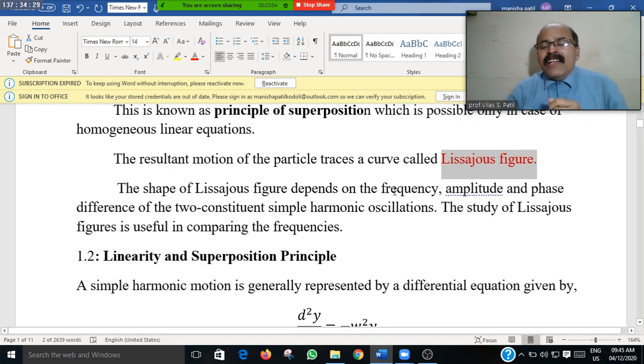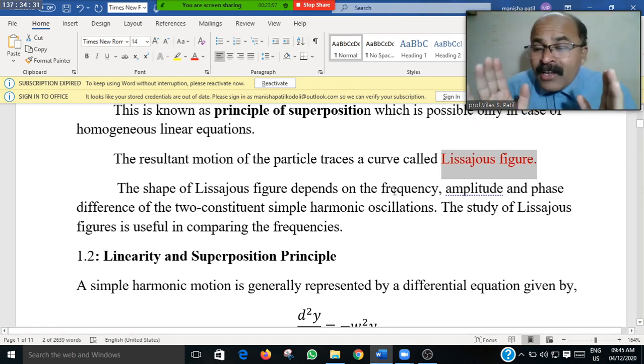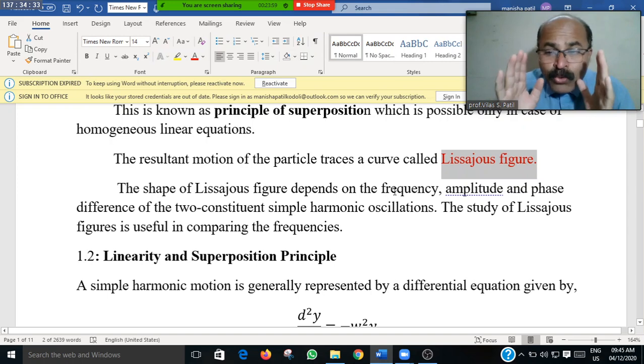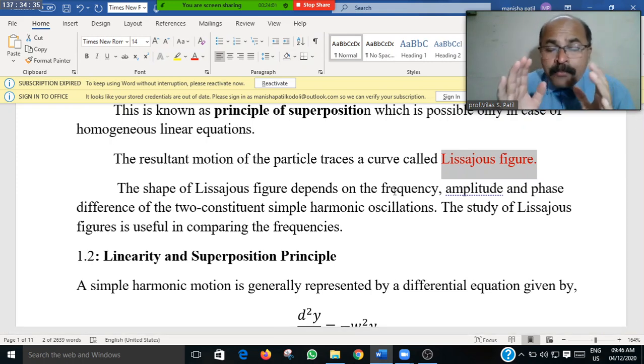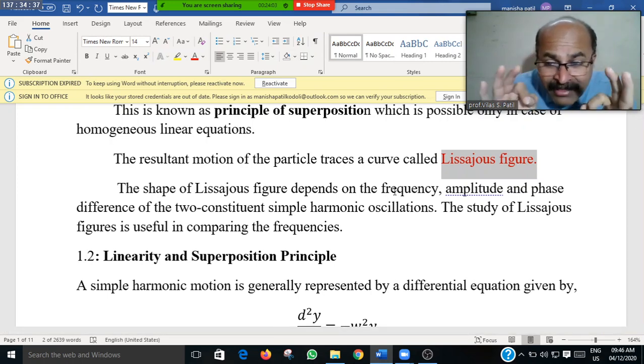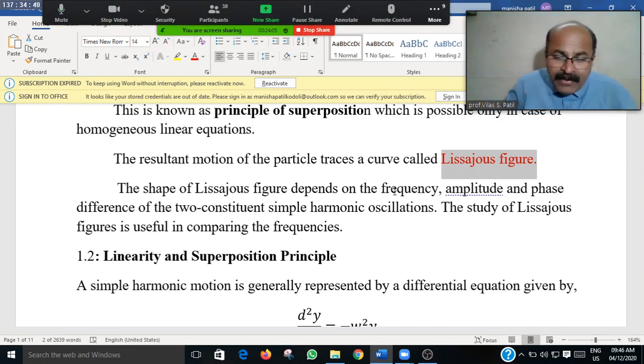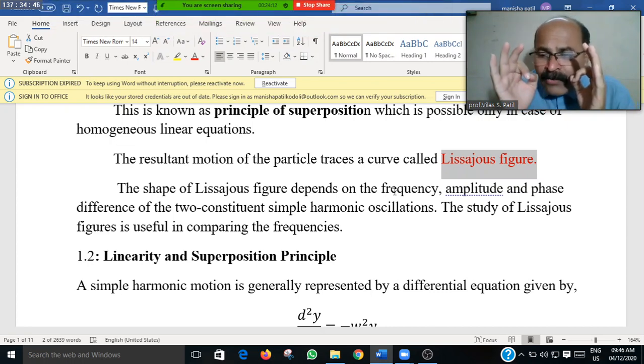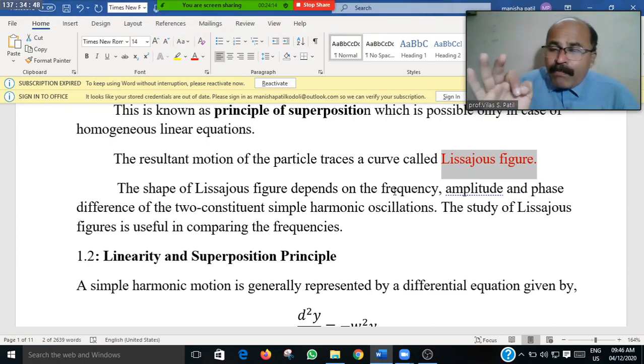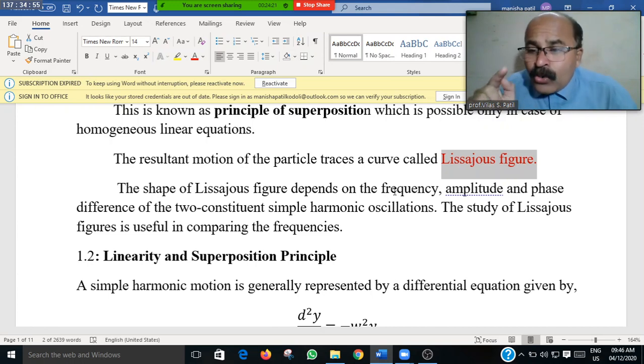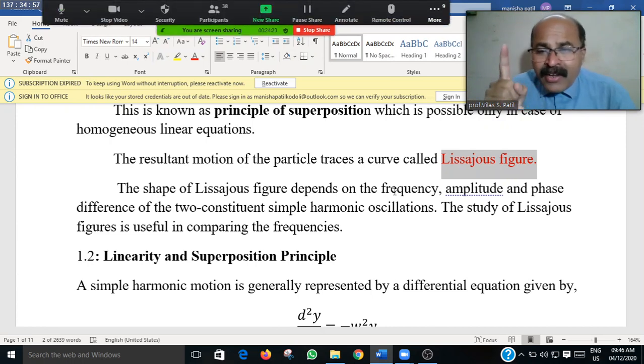The Lissajous figure is very important. It is the resultant path on which the particle is allowed to move, and that path is the Lissajous figure.